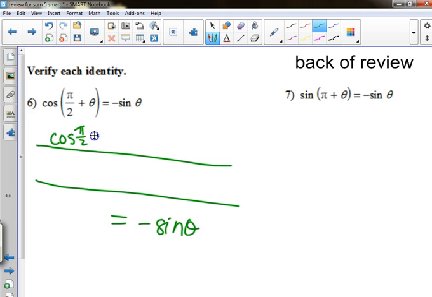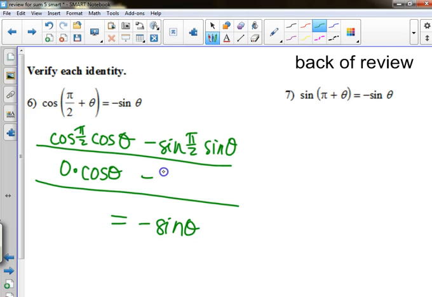Cosine pi over 2 times cosine theta minus sine pi over 2 sine theta. Then you go to your unit circle, right? Cosine of pi over 2 is 0. And sine of pi over 2 is 1. So then you can just show me that this crosses out? Yes. It is not distributing. It's never distributing. You're following the rule cosine A plus B. Okay, yep.